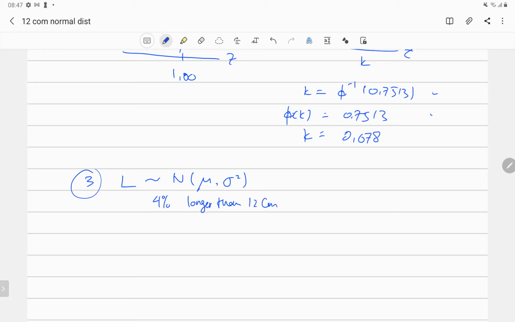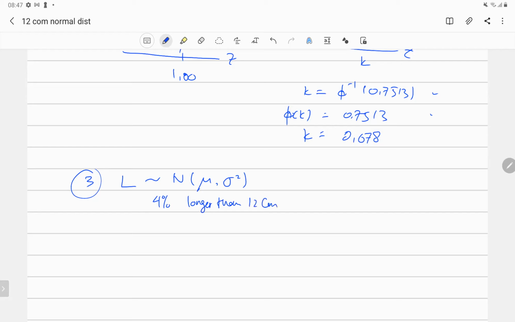Mathematically, we're going to write it here. The probability that the length is more than 12 centimeters is 0.04. This is how we write it mathematically.